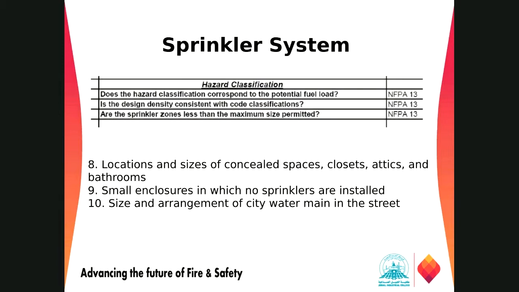Maybe they need ordinary hazard one and they have chosen light hazard one. Or maybe group 1 plastics, they are protected with class 4 commodities. So all those we have to make sure.